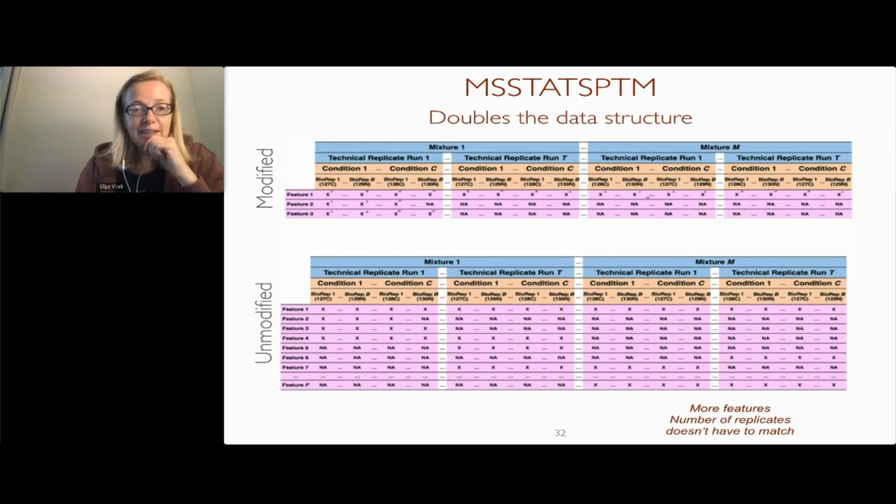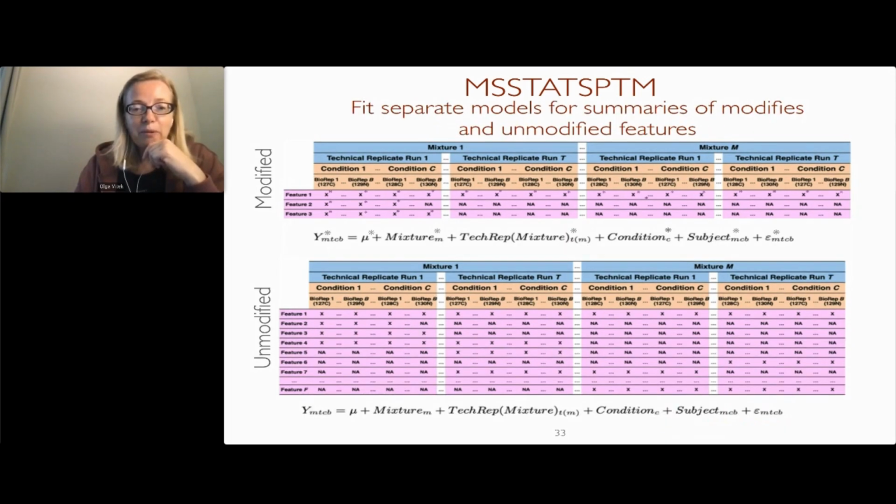So what we do in MSstats TMT, we have one data structure for modified features. We will usually have much fewer features. And then for the data structure we talked about before for unmodified features, we will have the same model as before, separately for each data structure, no change.